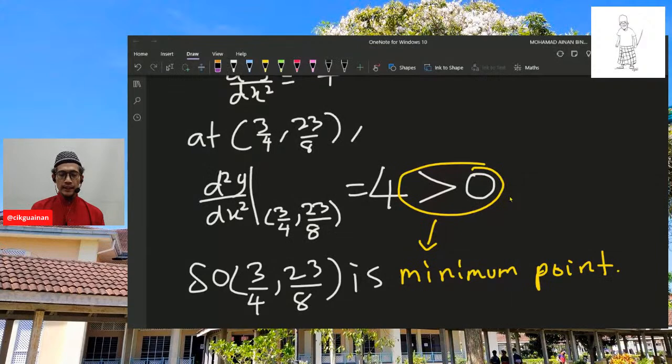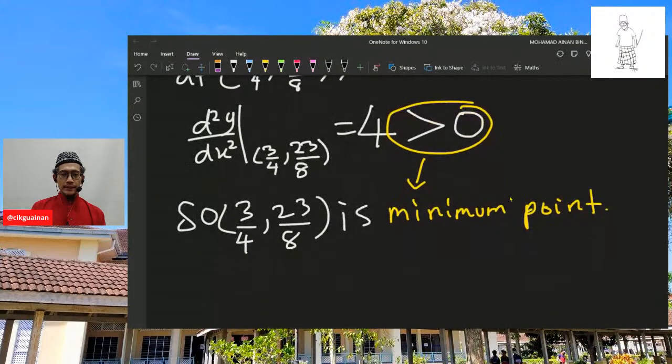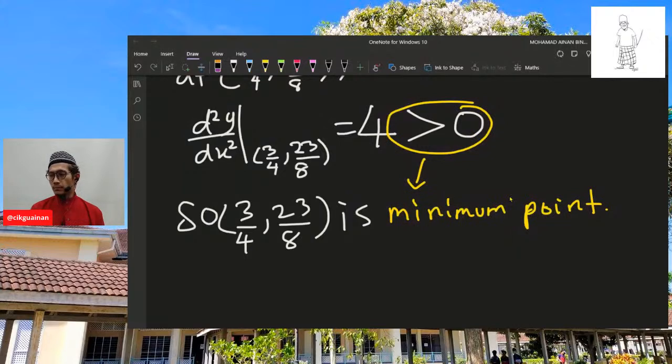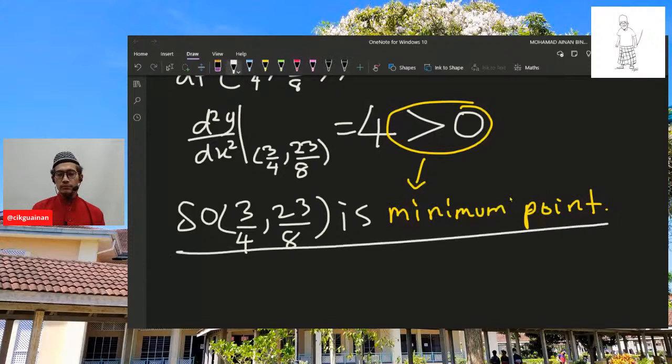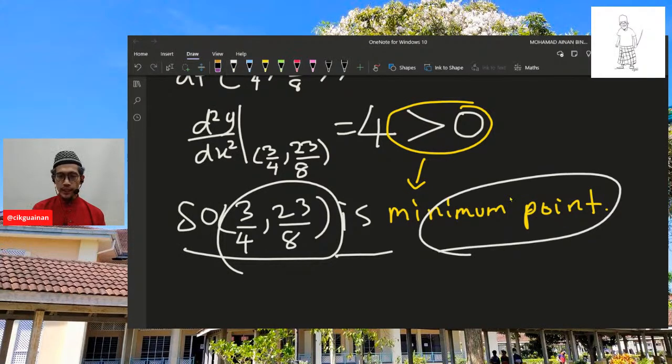Don't just write this part and then write equal to suddenly minimum. Minimum what? Minimum car, minimum cat, minimum handphone, minimum line? Cannot. You have to write it like this. So what is the point? It is a minimum point.